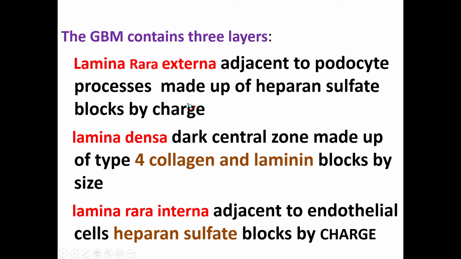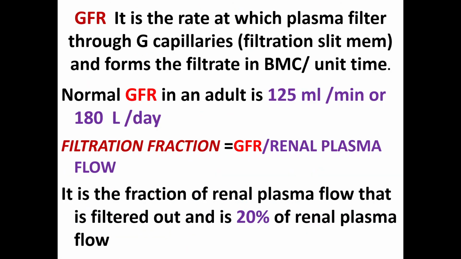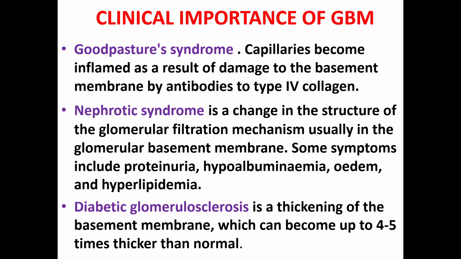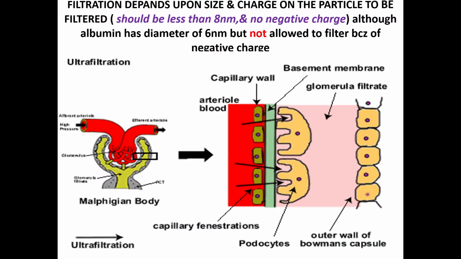Your basement membrane is negatively charged. And the thing I want to emphasize is that the albumin is also negatively charged. Suppose here you have got an albumin molecule, and now follow my arrow.